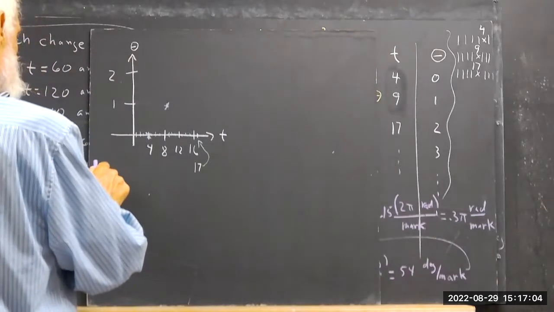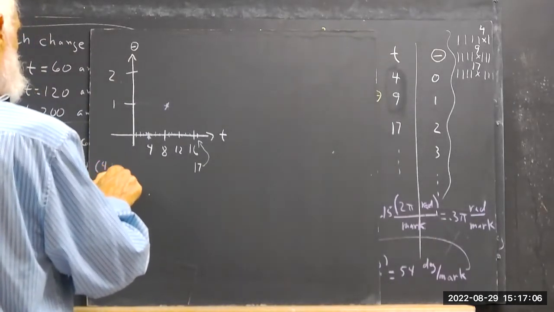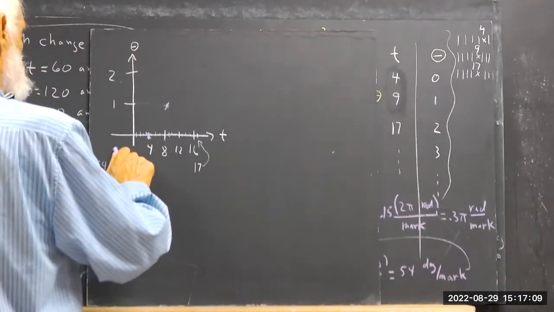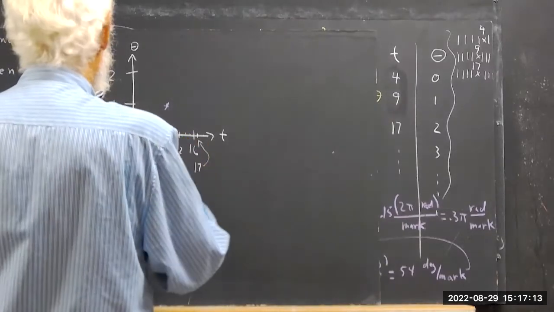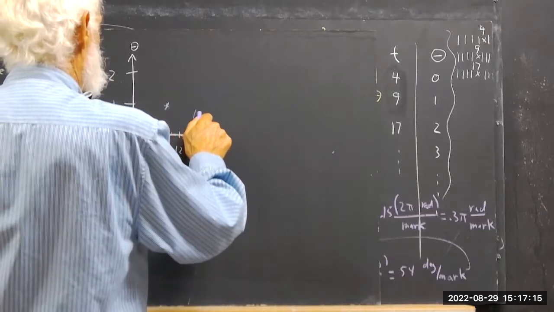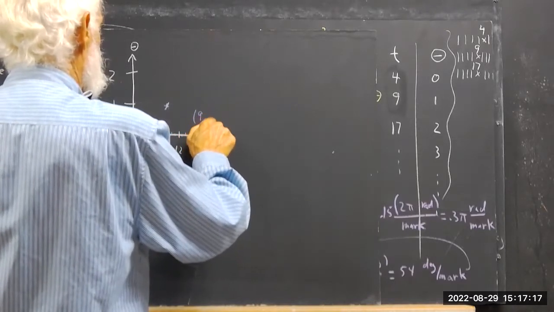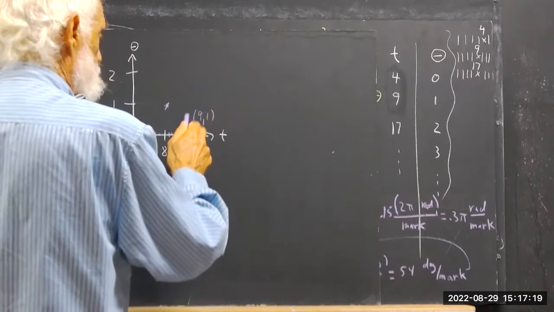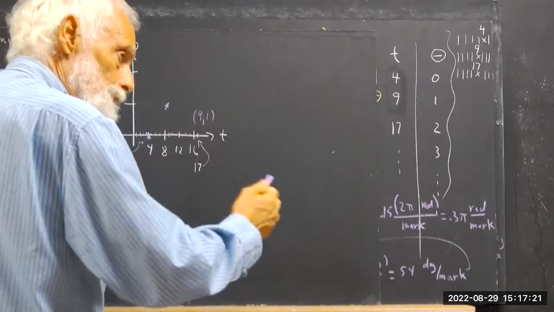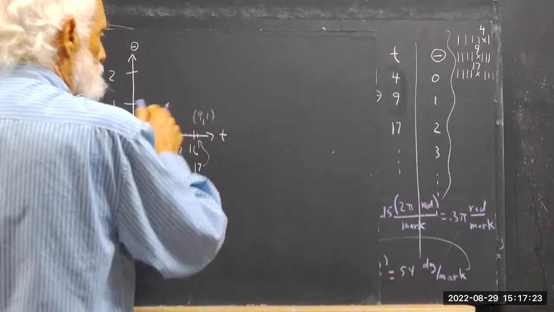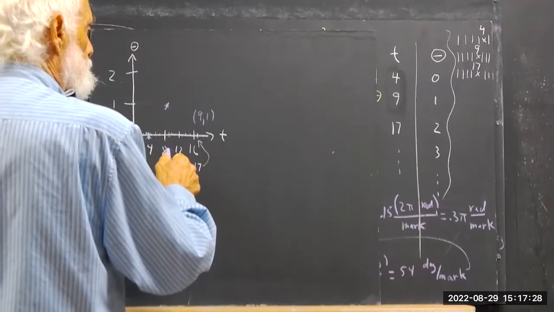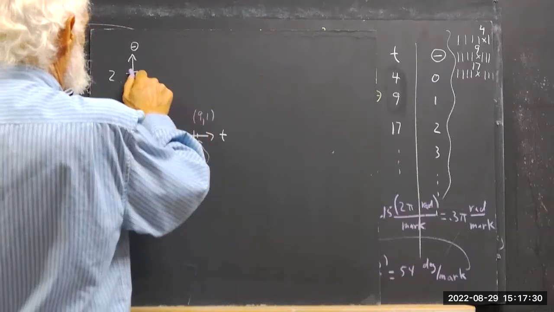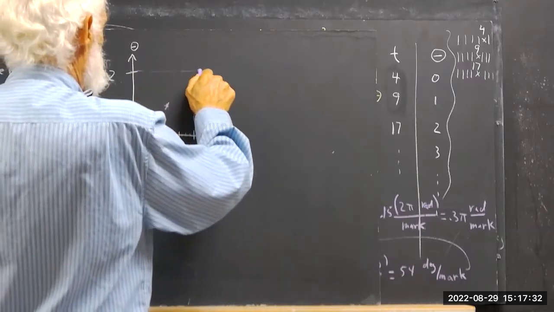Well, actually, in some circumstances, you might. But I'm just going to label these points so everybody understands. So there's 4, 0. There's 9, 1. That means after 9 cycles of the pendulum, we completed 1 revolution. And then after 17 cycles, we will have completed 2 revolutions.